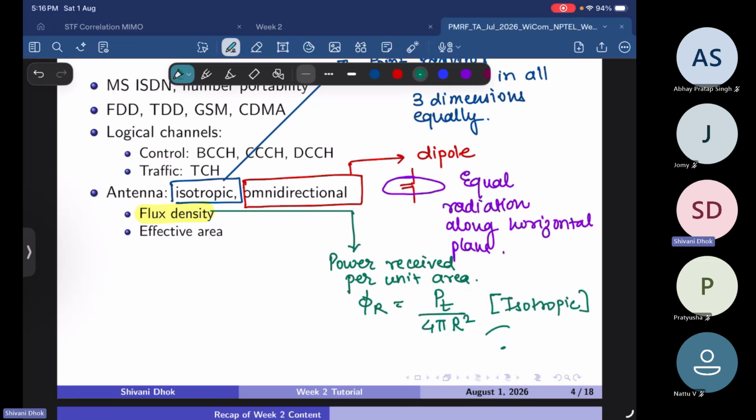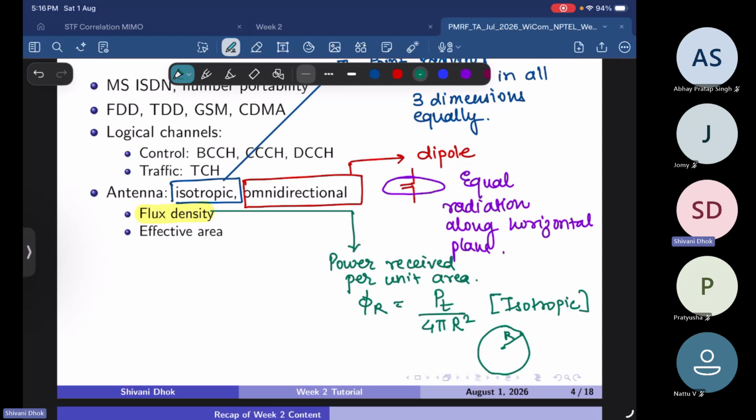This comes from having an antenna with a three-dimensional sphere around it of radius r, so the surface area is 4 pi r squared. The transmit power gets distributed equally throughout this area, so per unit area it is Pt divided by 4 pi r squared. And then we looked at something known as effective area.